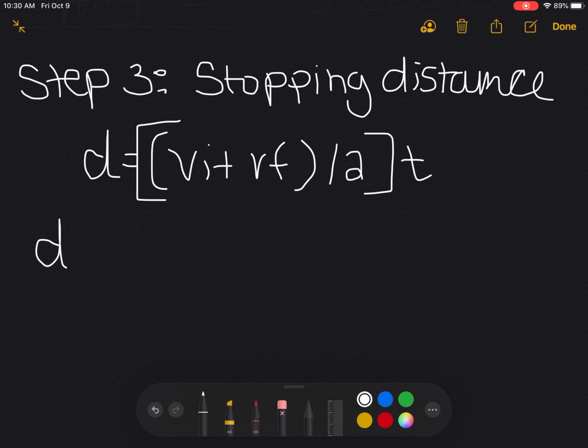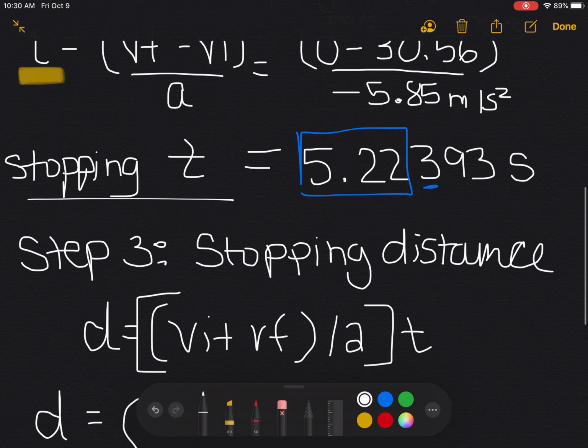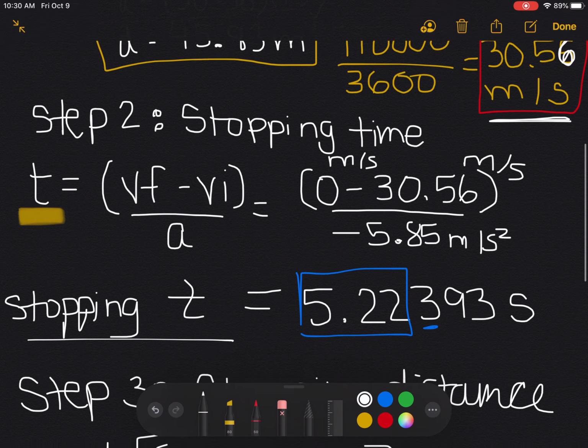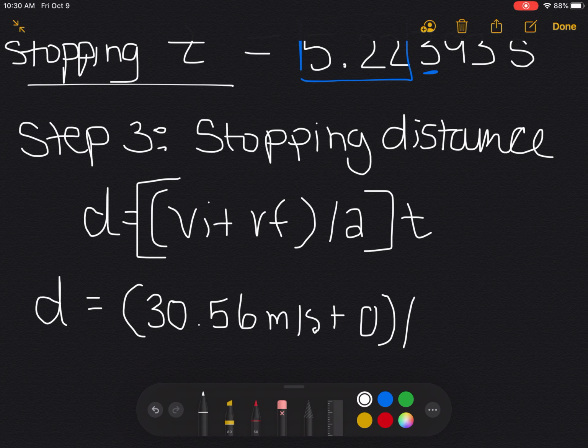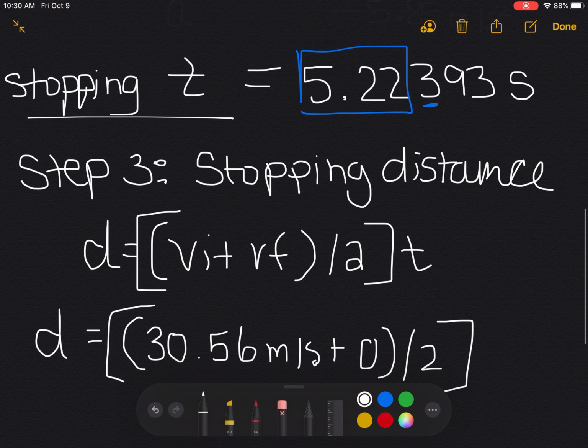So our stopping distance is going to be our vi. Remember, our initial velocity is what we calculated as being 30.56, because that's in meters per second, plus our final velocity, which is 0 because we're stopping, all divided by 2, and then multiply all of that by t, and we figure that out as being 5.22 seconds.